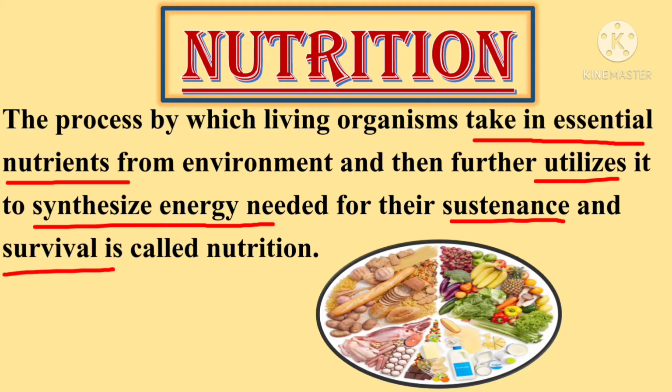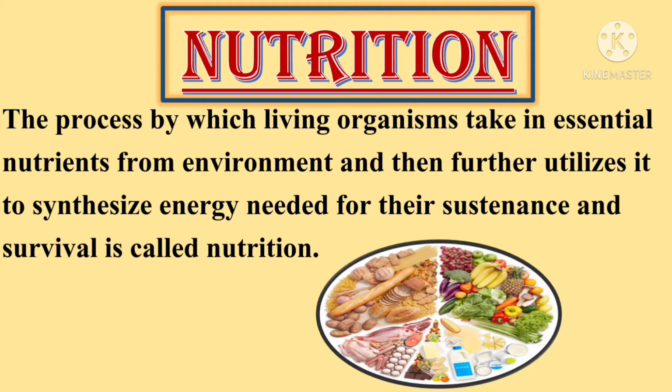So, nutrition is the process of consuming essential nutrients and then further synthesis of them to produce energy, and this energy is the very essential element which our body needs for its sustenance and survival. Hope you are clear with the term nutrition.